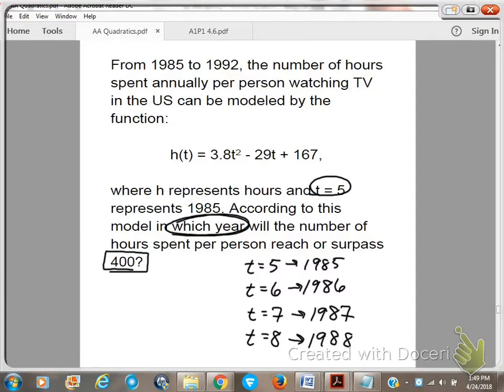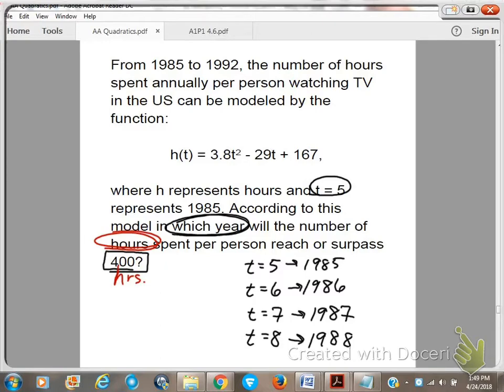So if we're going to solve for t, where do we have to plug that number in for? H. Also, labels. It's asking for the number of hours. Will the number of hours spent per person reach or surpass 400? So that's like saying, when is it going to be more than 400 hours? Well, an hours number, do we plug that in for H or in for T?